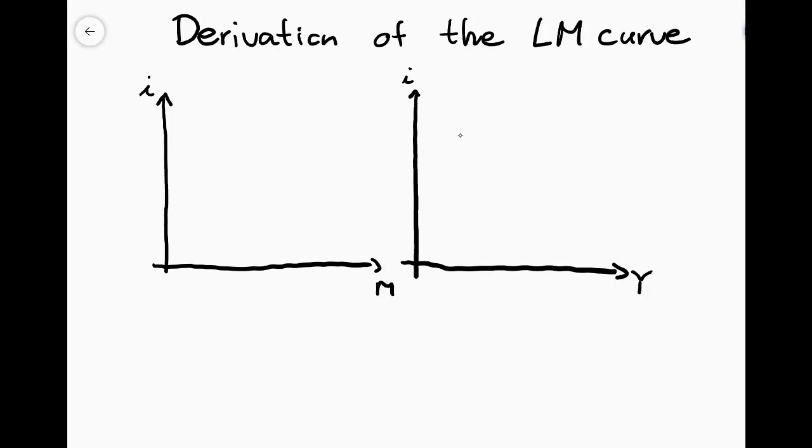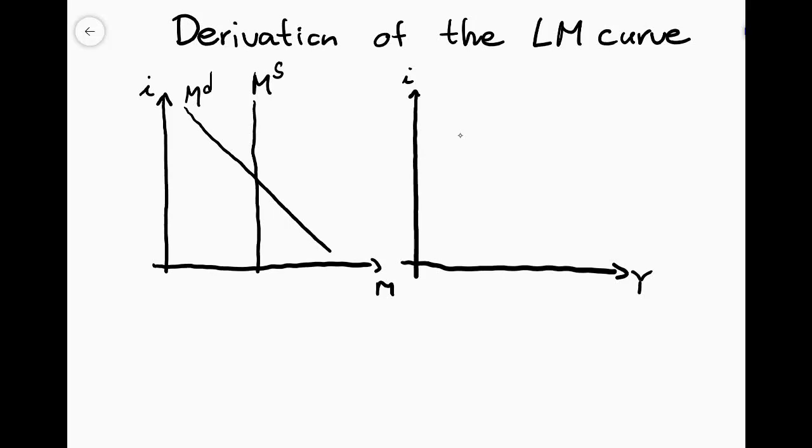So, what about the equilibrium in the money market? In the money market, we know that there is a certain negatively sloped line representing the demand for money, and we have a money supply which is determined by the multiplier in the economy and the amount of base money which is controlled by the central bank.